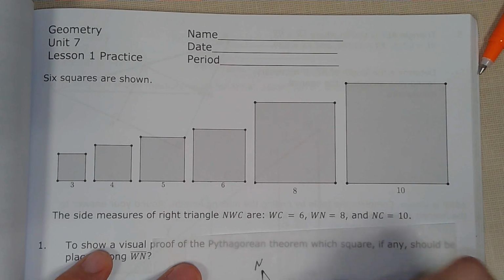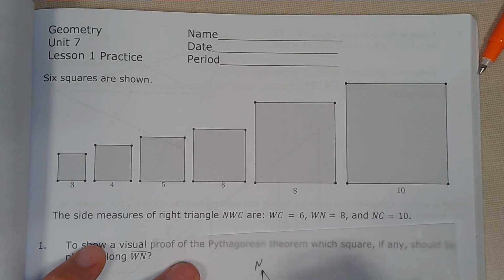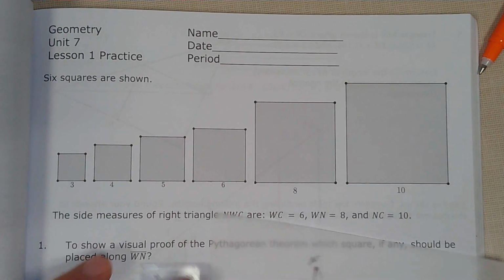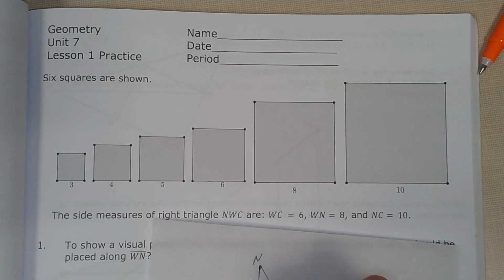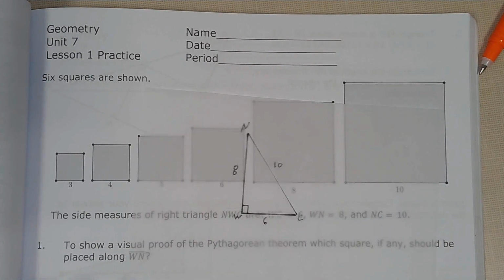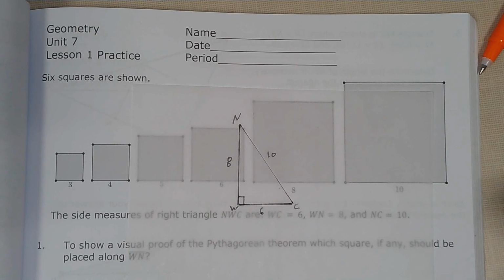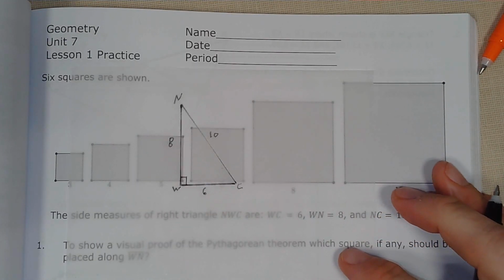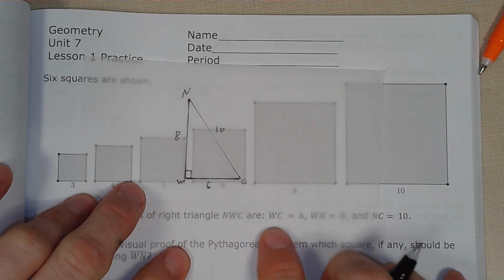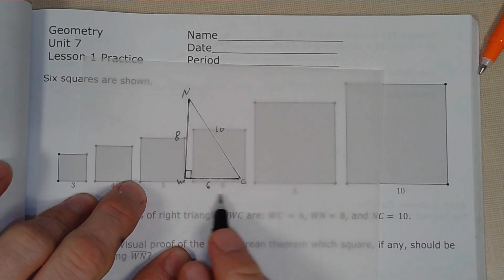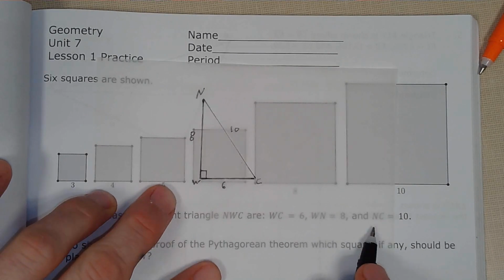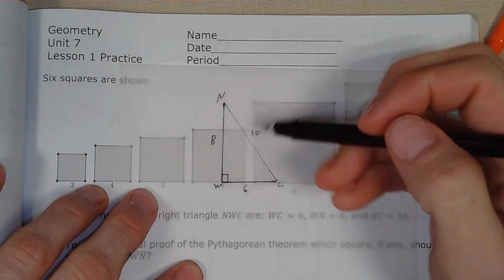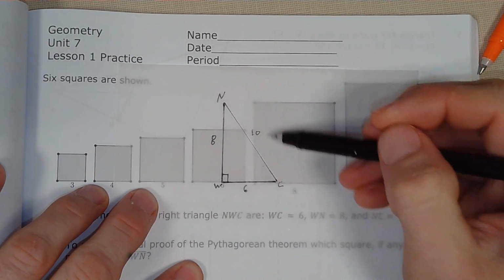This is 10, this is 6, and this was 8. So that's my right triangle, my right angle there. This is the triangle, right angle, with WC is 6, WN is 8, and NC is 10. That's my legs and my hypotenuse.